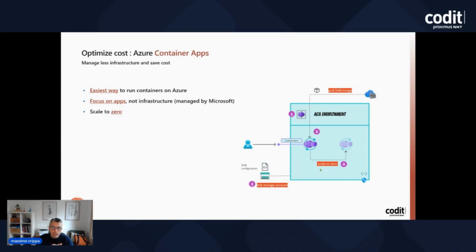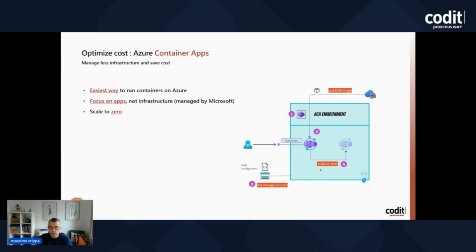The easy way to run DAB is Azure Container Apps, the easiest way to host a container. Azure Container Apps focus on the application and not on the infrastructure. So all the management of the infrastructure behind, that is Kubernetes based, is managed by Microsoft. That abstraction will allow the developers of DataSpring to not learn all the complexity of Kubernetes.